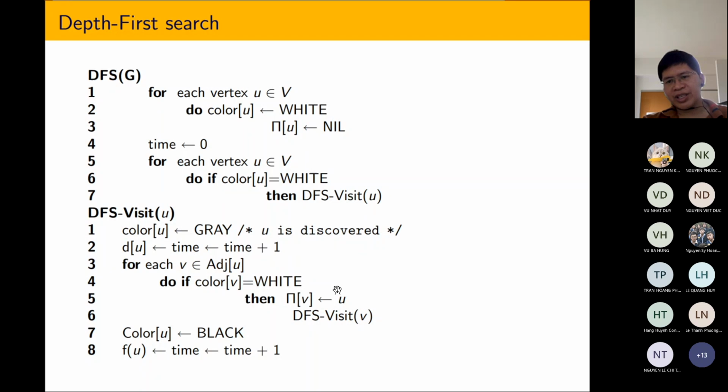No, we don't need something complicated. Just modify the DFS algorithm we have at hand. Here in these algorithms, on the screen, what should we modify?